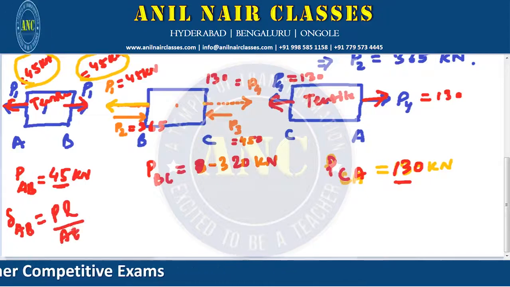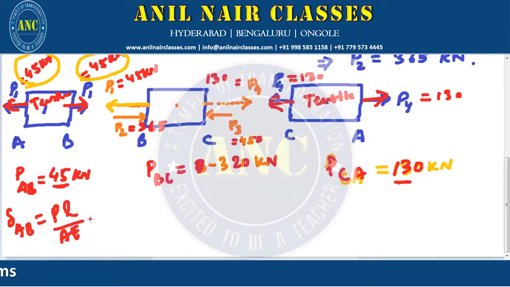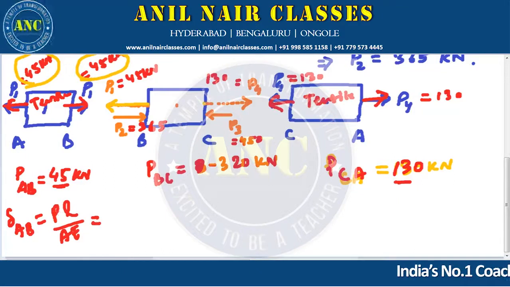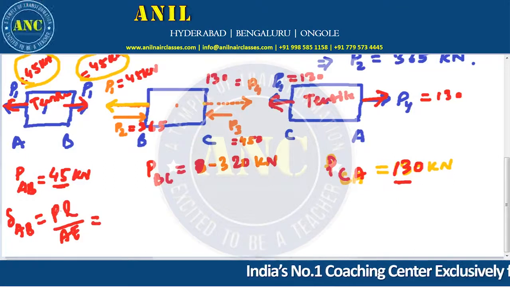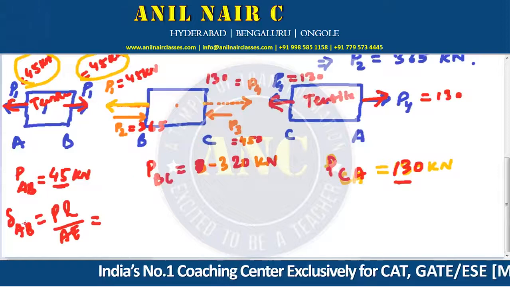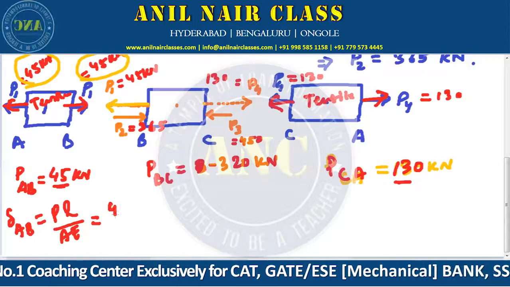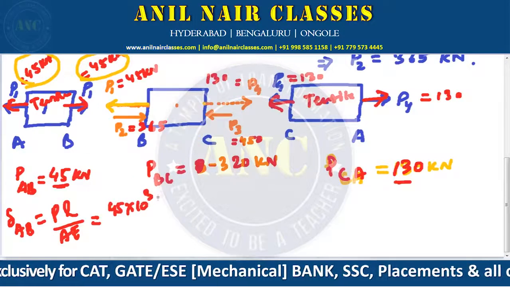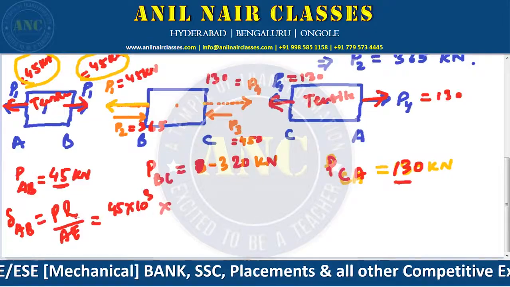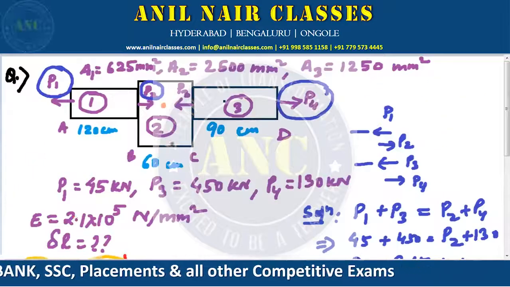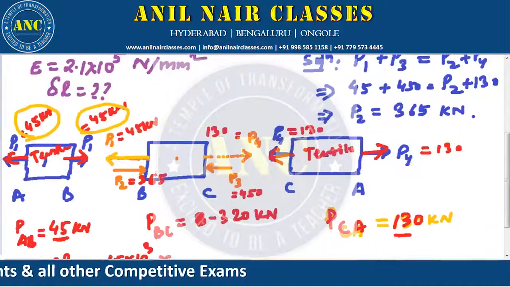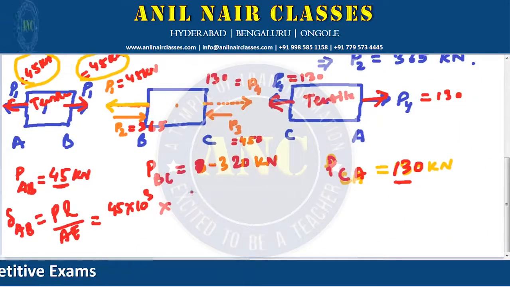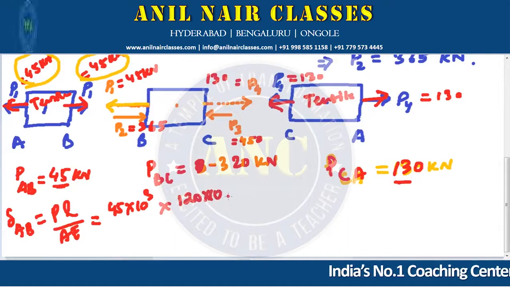PL by AE. So what is PL by AE for AB? It will be, load is how much? Load is 45 kilonewton, that is 10 to power 3. Length is given as 120 centimeter, that is 120 into 10, that is 1 centimeter is equal to 10 mm.